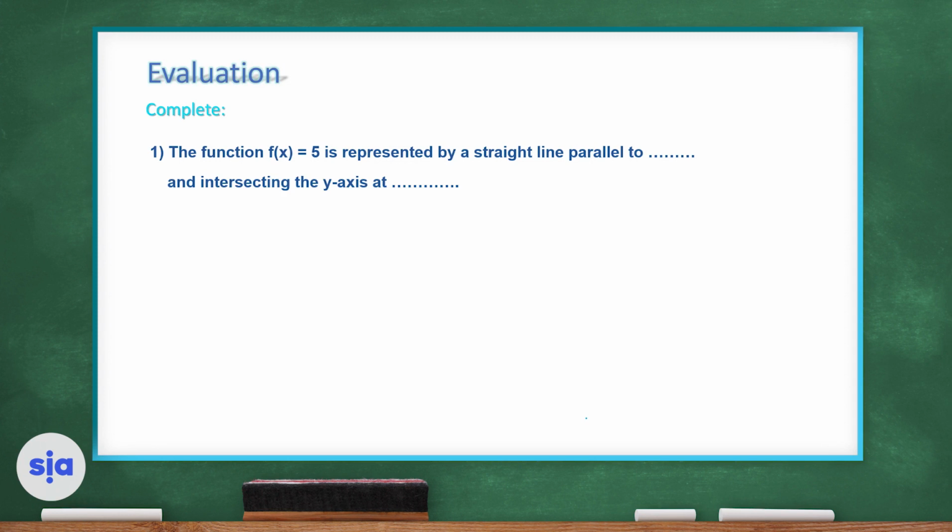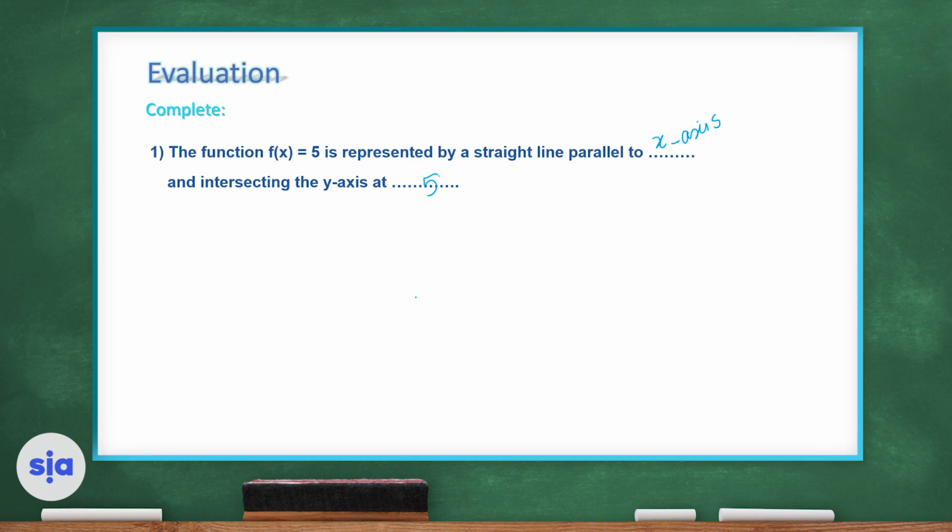Number 1: the function f of x equals 5 is represented by a straight line parallel to what? We said it. Yes, excellent. It's parallel to the x-axis, and is intersecting the y-axis at the constant that we have, which is 5.